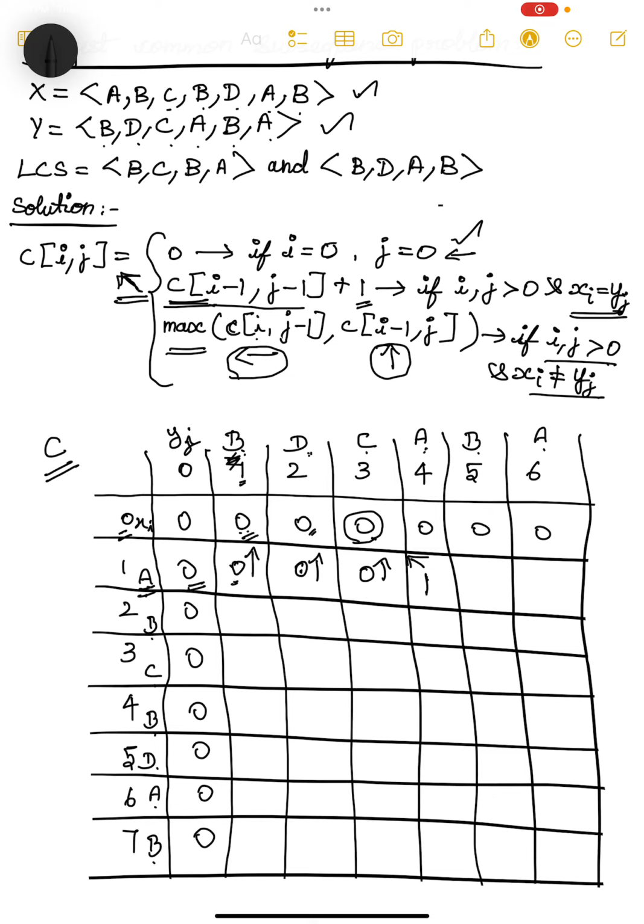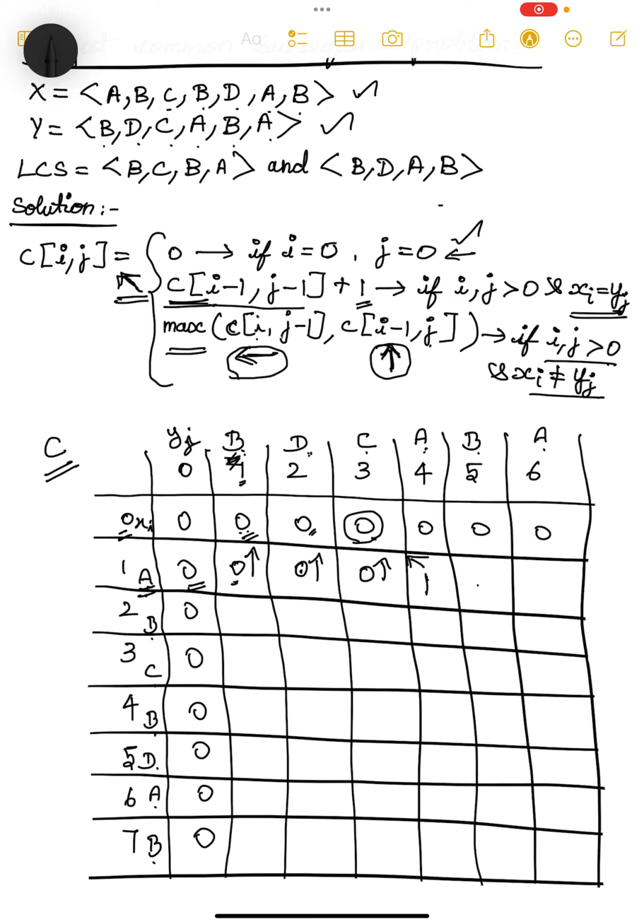If the same row, previous column value is maximum, this horizontal arrow mark towards the left-hand side we have to use. And if suppose the previous row, same column value is maximum, for the third condition, this upward arrow mark must be used.